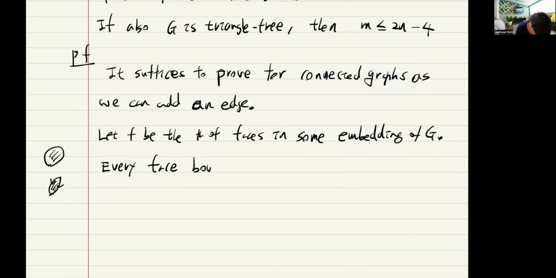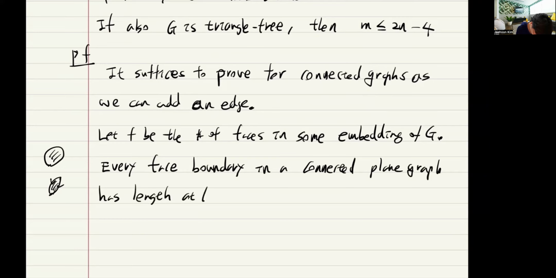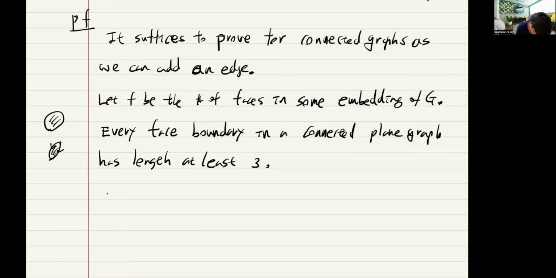So every face boundary in a connected plane graph has length at least 3, so that Fi is the list of these face lengths.